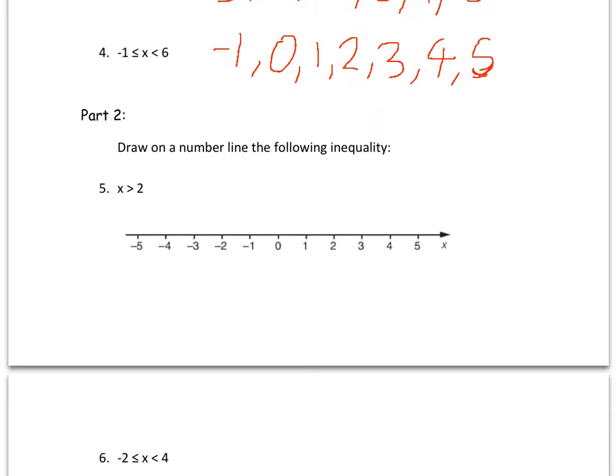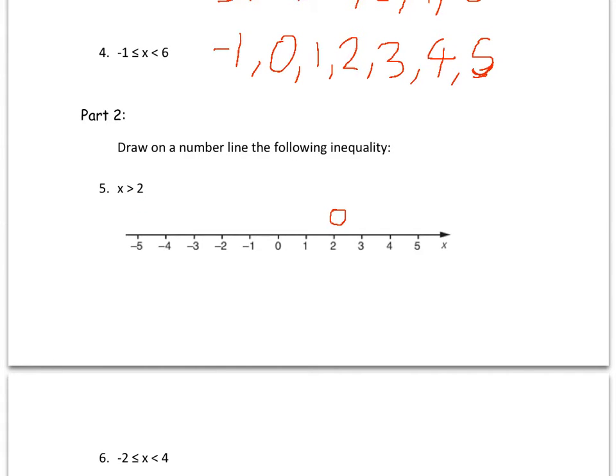The second part of the question is typically show this inequality on a number line. So you'll be given this number line. So it says x is greater than 2. So we're looking for all values of x that are greater than 2. So what we do is we draw a circle at 2. And we're looking for numbers greater than 2.